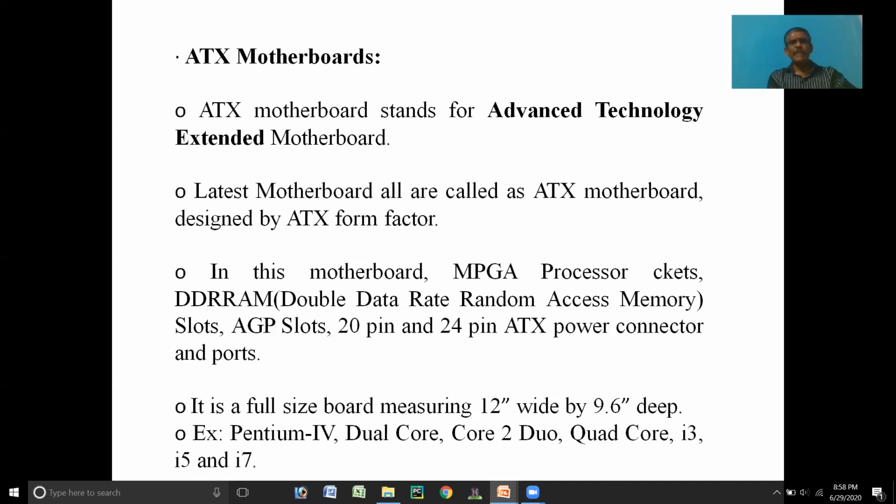ATX motherboard means Advanced Technology Extended motherboards. ATX motherboards are the latest motherboards. These all are called ATX motherboards, designed for ATX form factor. It uses ATX form factor.